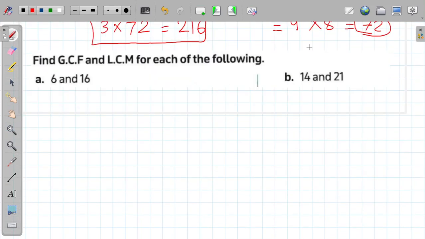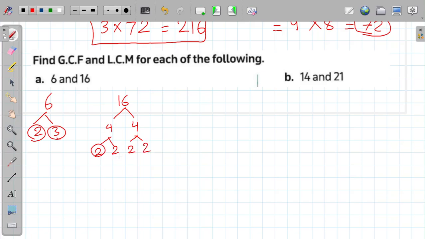Next, I have 6 and 16. So I will factorize 6 and I will factorize 16. 6 equals 2 by 3, and I will stop here. 16 equals 4 by 4. 4 equals 2 by 2, and 4 equals 2 by 2. So I have four 2's.